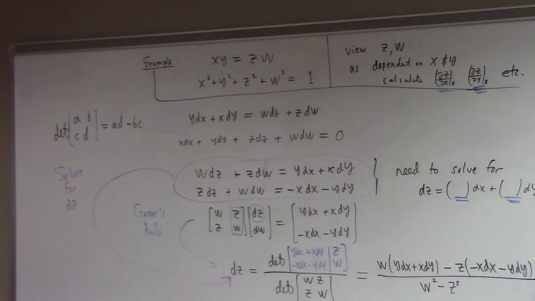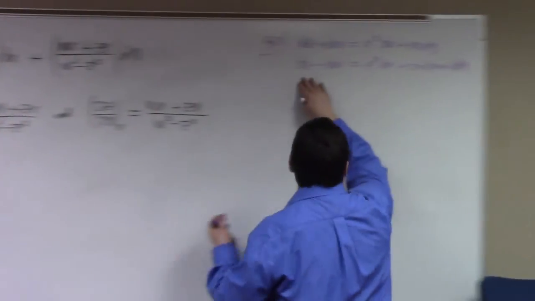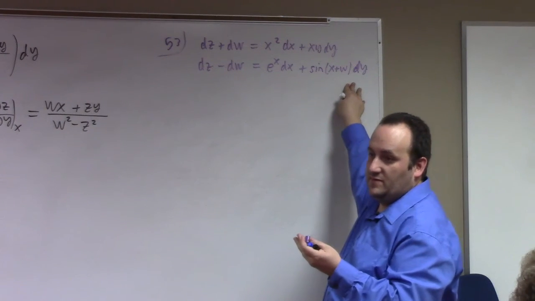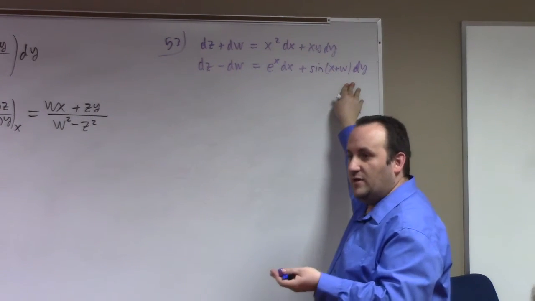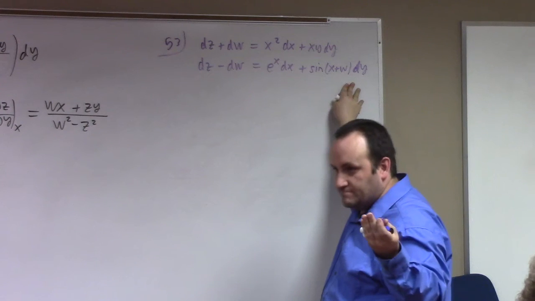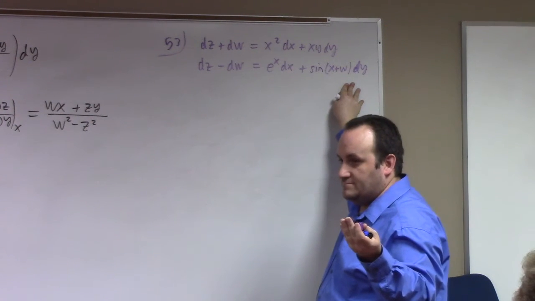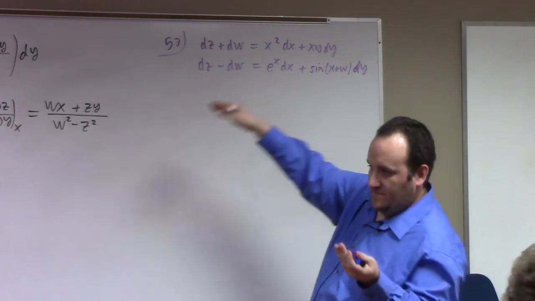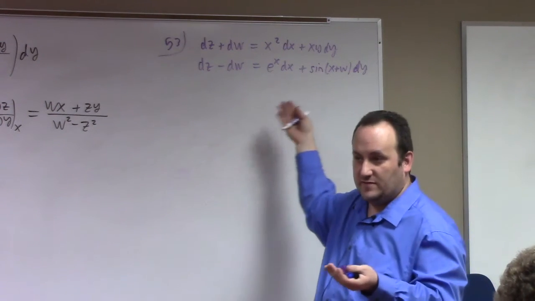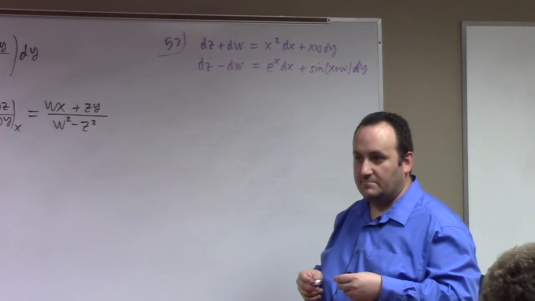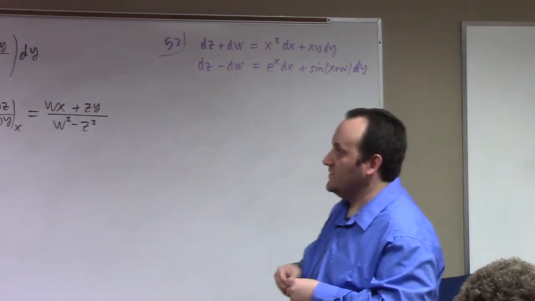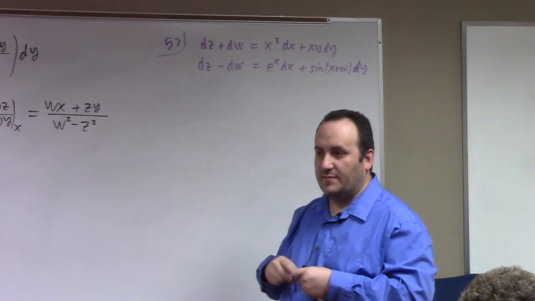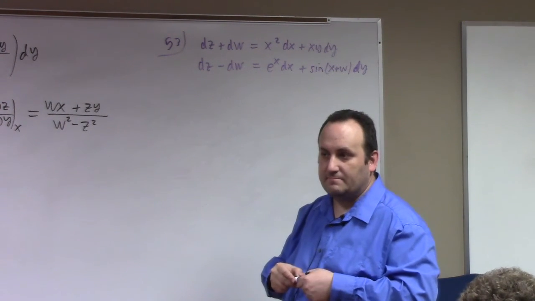Do you need Cramer's rule to solve this for dz? How should you solve this for dz, guys? Add the equations. So that sophistication is not needed for your homework question, right? You add the equations, you solve for dz, the coefficients have the meaning of the partial derivatives. That's the point.